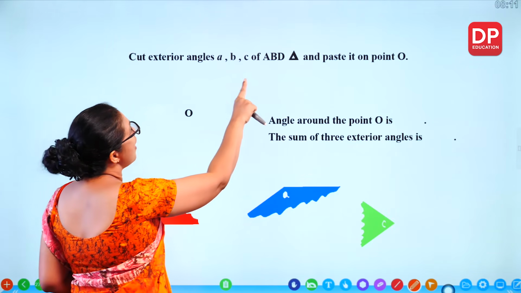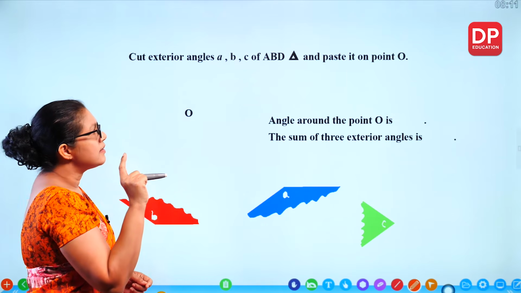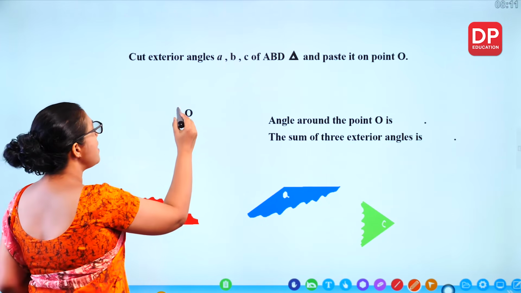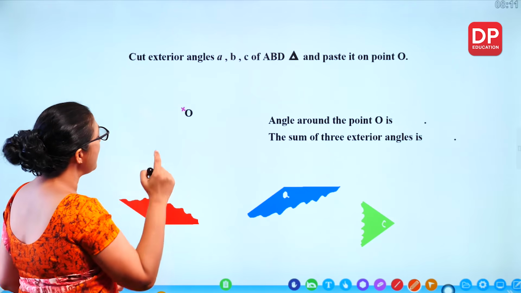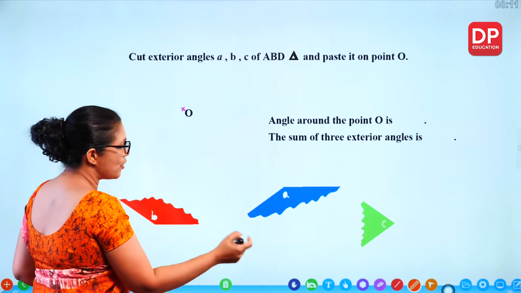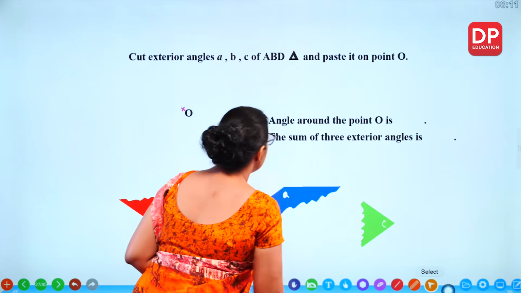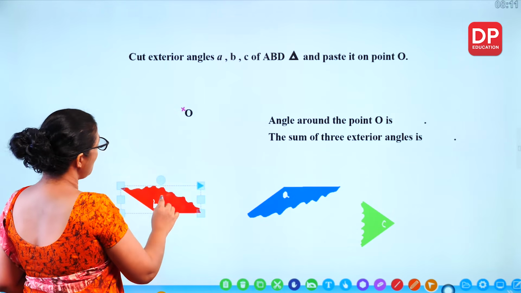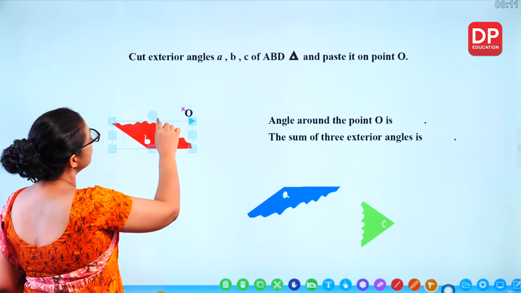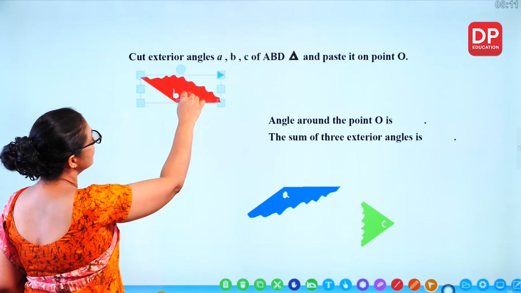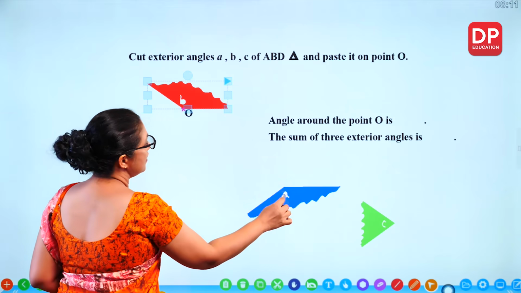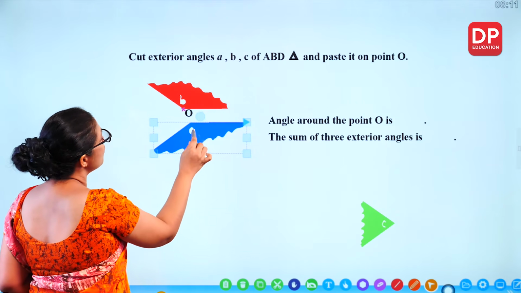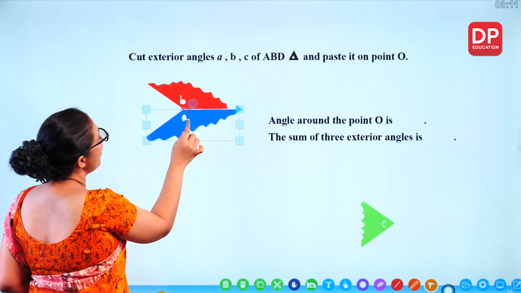So after you cut all exterior angles, take any point O and try to paste on that. We'll try to paste these 3 angles. So we'll take this one. So we'll take the other angle, try to fit to one point.